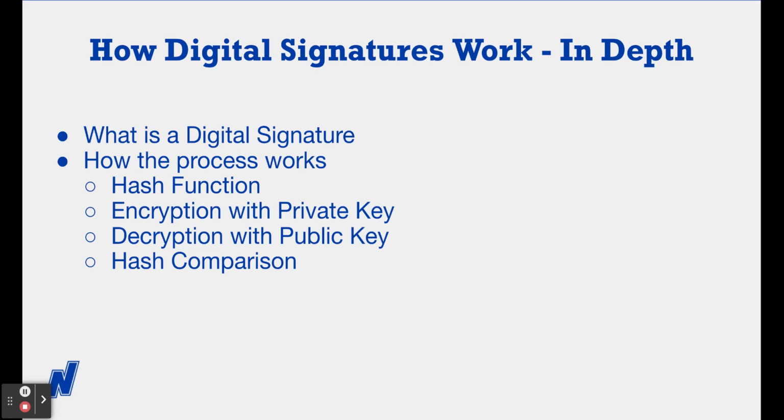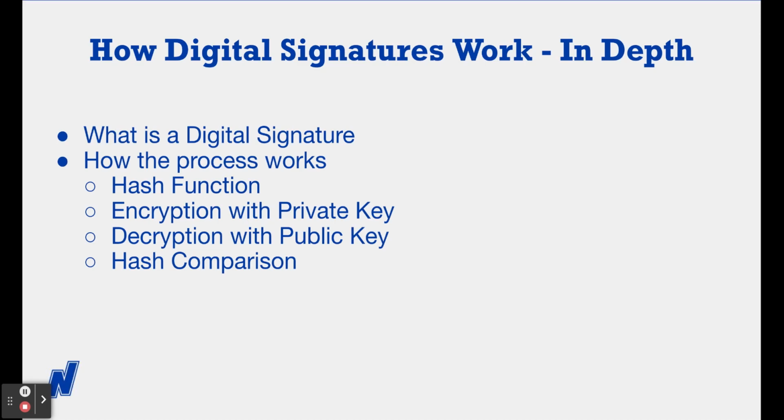Digital signatures are created using the sender's private key and can be verified by anyone with access to the sender's public key. This is an application of asymmetric cryptography, where a pair of keys, one public, one private, is used for encrypting and decrypting. Now, let's actually talk about how this process works.